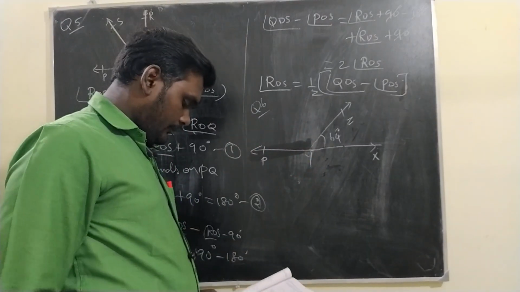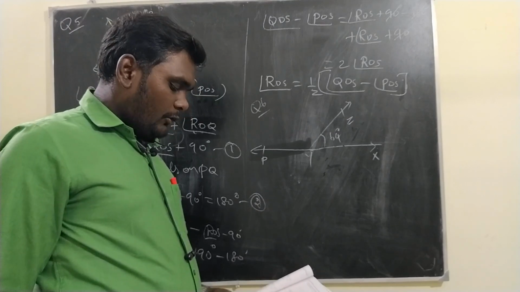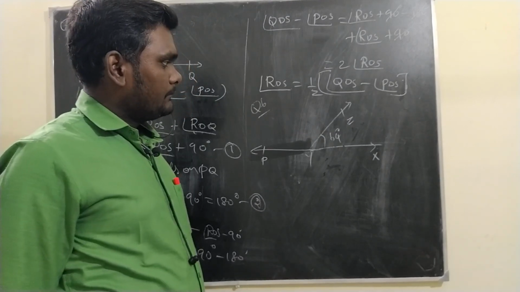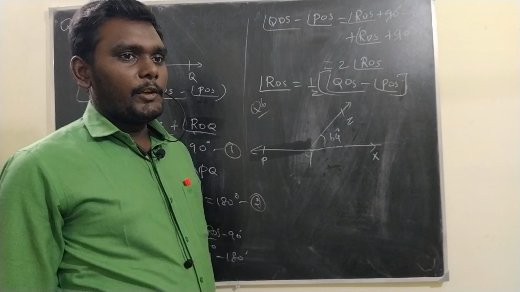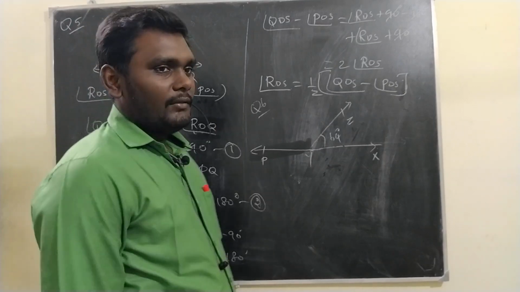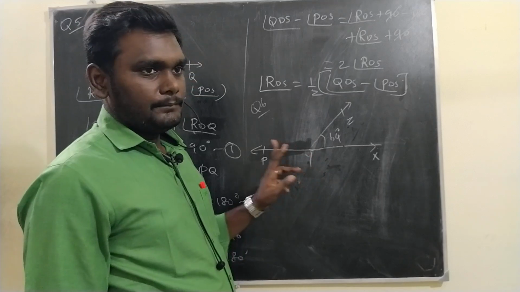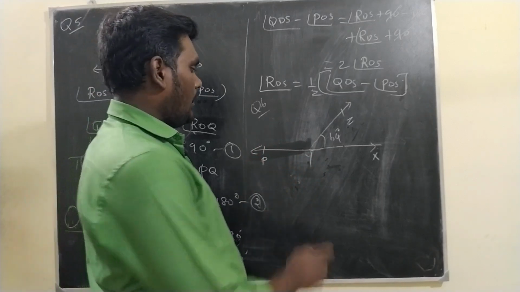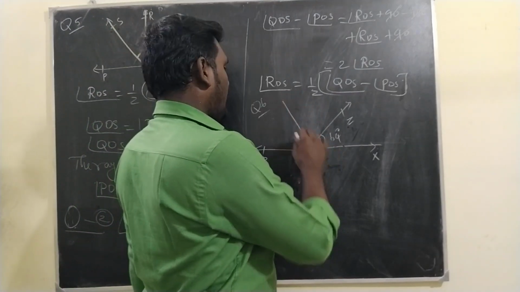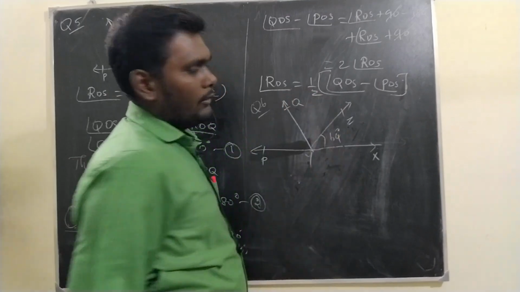We already did. A ray YQ bisects ZYP. Where is that angle ZYP? A ray YQ, that means on the point Y, the ray YQ bisects.